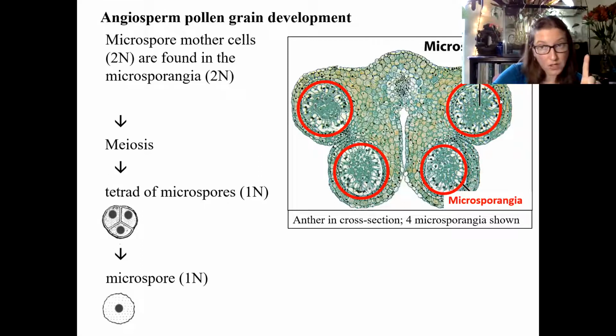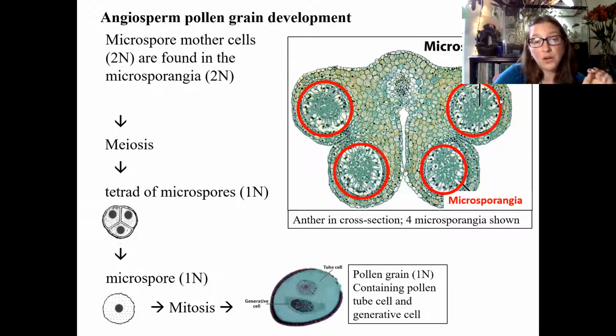We just talk about 1 spore, right? That spore, all of this happening inside of the microsporangia, is going to undergo mitosis to make 1 more cell, to make your 2-celled reduced male gametophyte plant, the pollen grain.